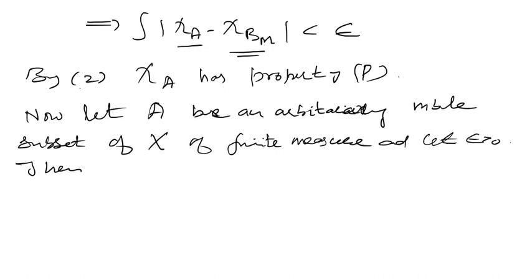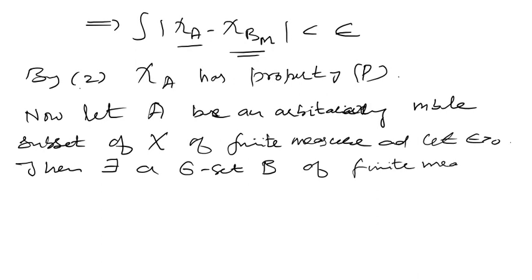By the property of the infimum, there exists a sigma set B of finite measure, because measure of A is finite, such that mu star of B is less than the infimum, which is mu star of A plus epsilon.